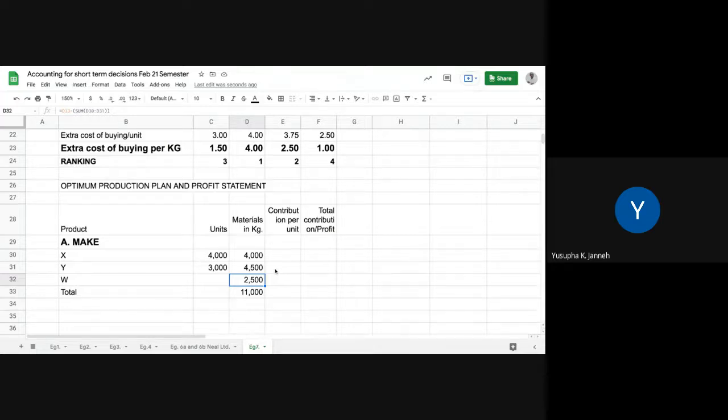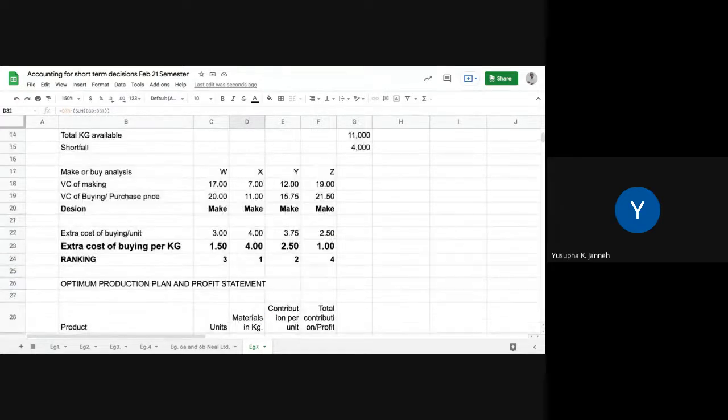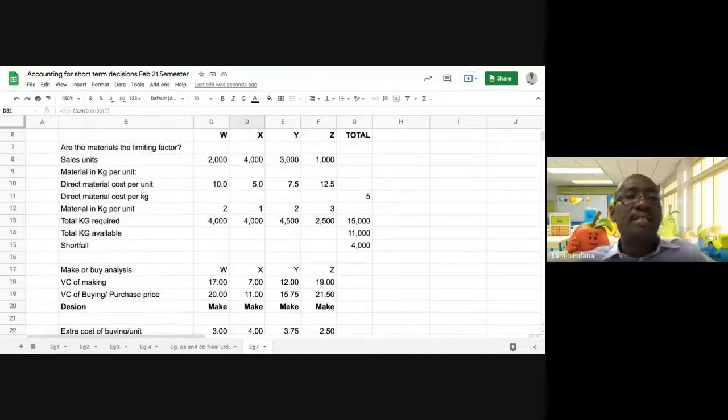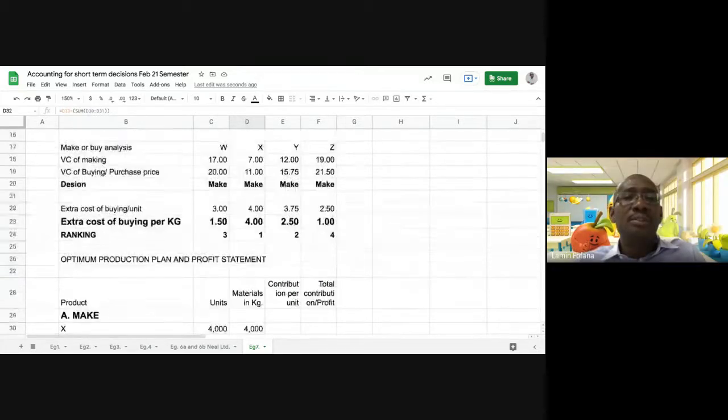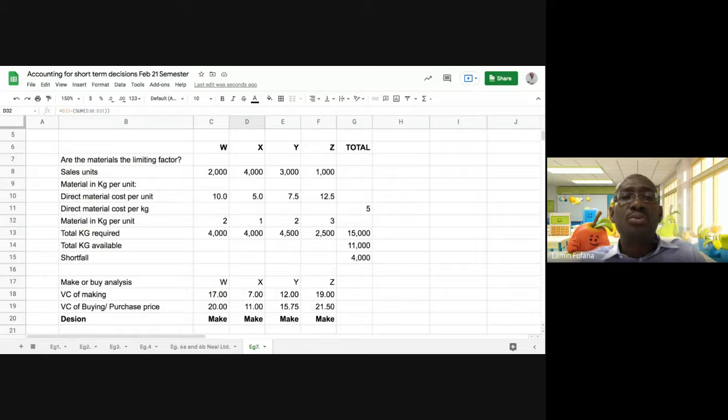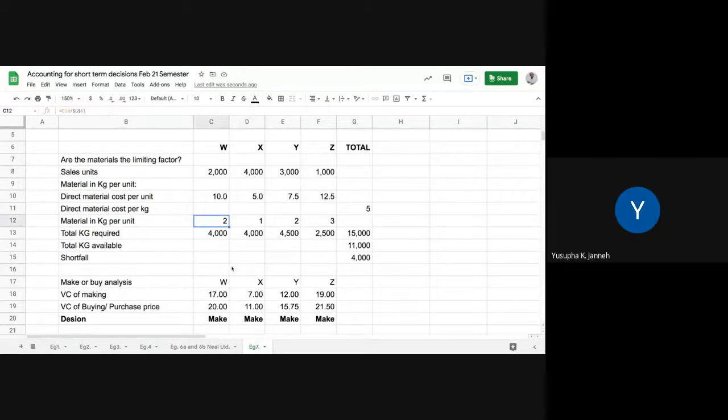So we're just going to divide it by the kilogram per unit of material for W. We're going to divide it by direct material per kilogram. Per kilogram, yes, that's the 2. Okay, for W, is W 2? Yes, W is 2.